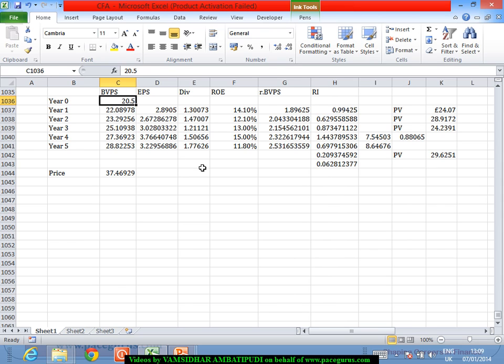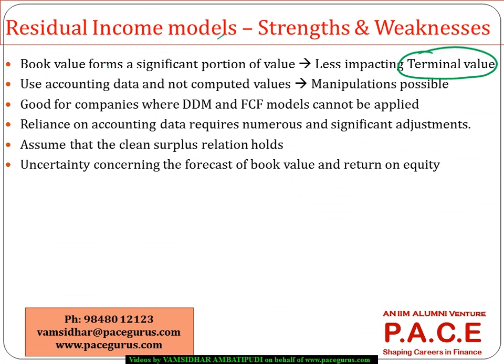So the book value forms a very significant portion of the value in a large number of cases, and the impact of the terminal value is very limited. That's why sometimes people prefer using residual income models over dividend discounting or free cash flow models.